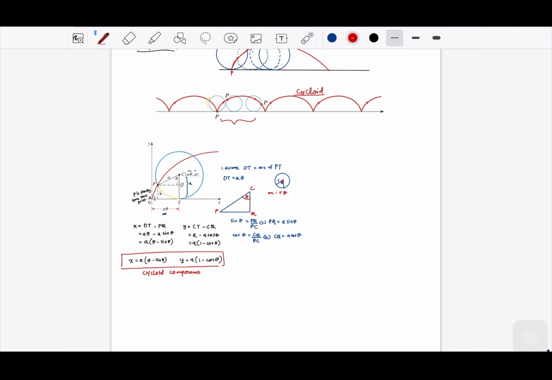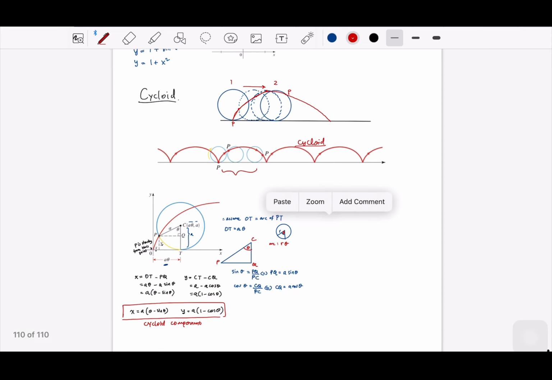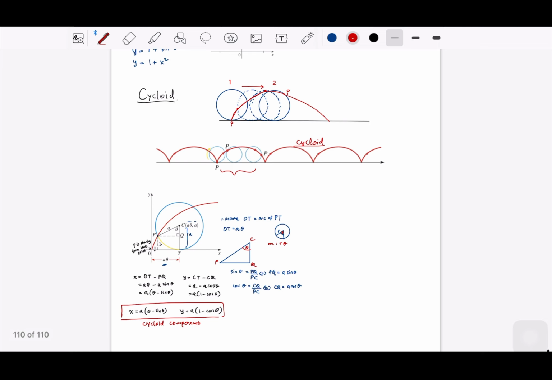Although there are several sections that I've skipped for our class, I think all the components or parts of this chapter have been done. So we finish here.